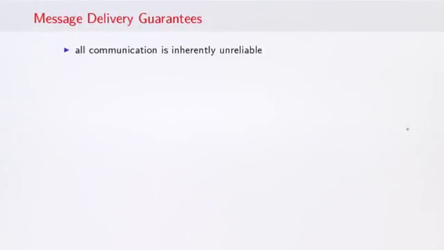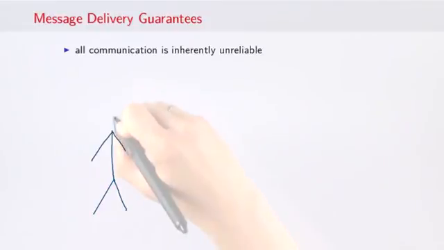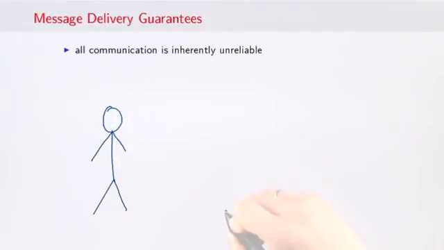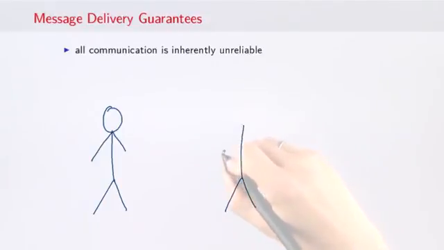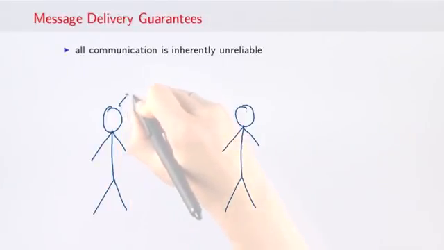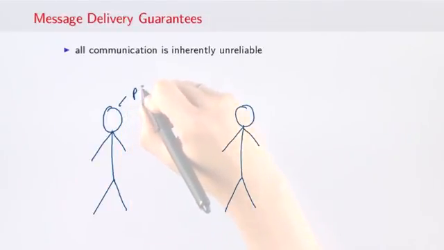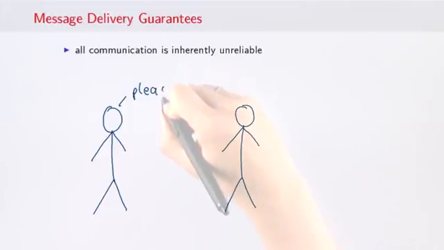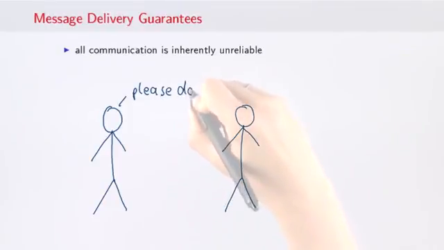This is something we know from daily life, so we can also employ the protocols which we have developed. Say we have a person here, and this person wants this other person over here to perform a certain task. Let's just say it says something like, please do, whatever it is that shall be done.